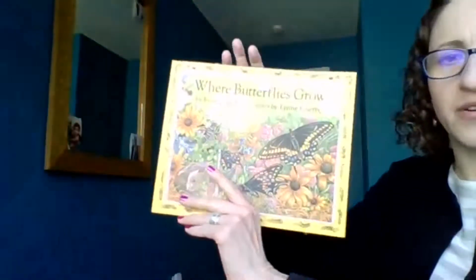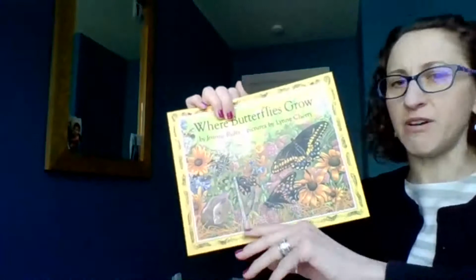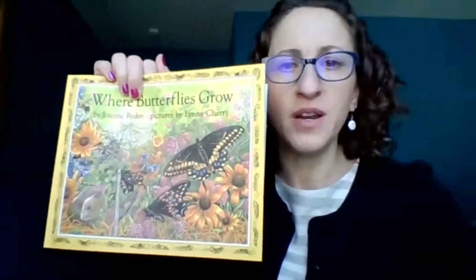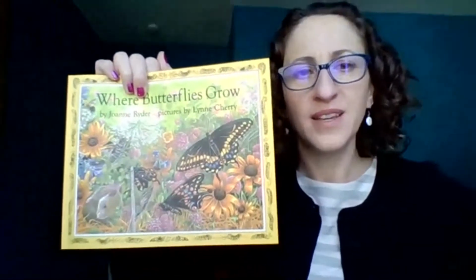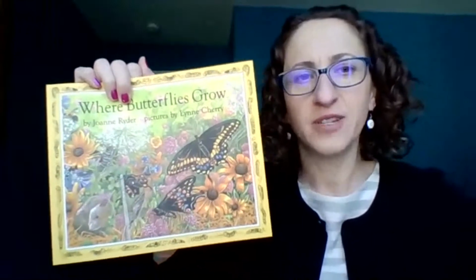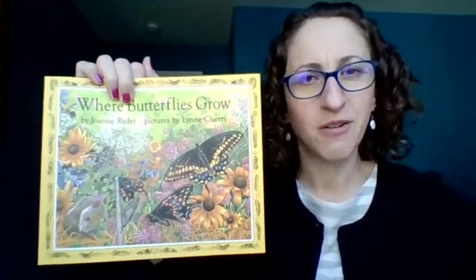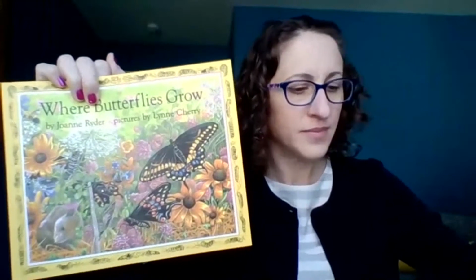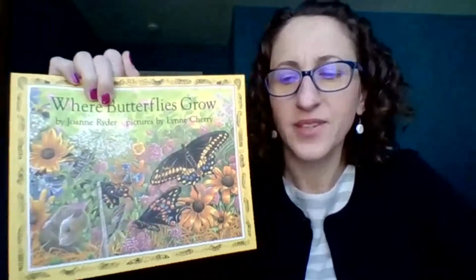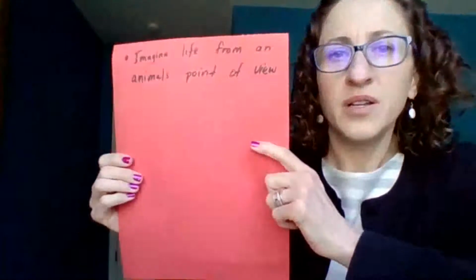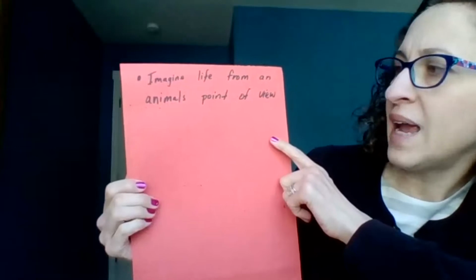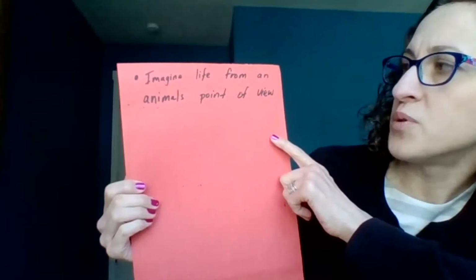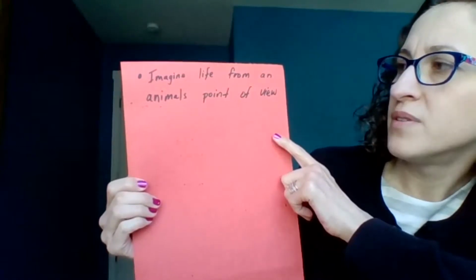Okay, so now that we've heard that, let's think, how does Joanne Ryder present information about butterflies? Think that to yourself for a second, or pause me and go share with somebody. Hopefully you came up with that she is presenting information by imagining life from an animal's point of view.